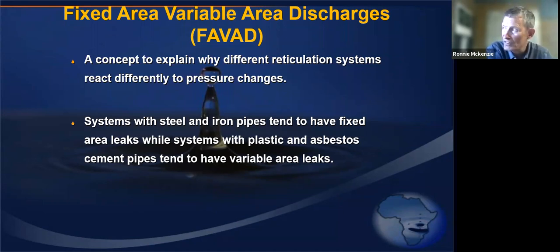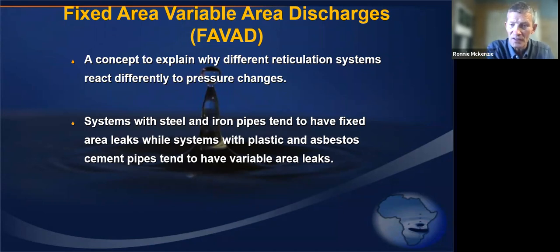I just want to touch on why the water leakage in some areas is more sensitive to pressure than other areas. You'll often find that when you introduce pressure management to an area, in some cases you'll get tremendous savings, and in other cases you'll get rather average savings.